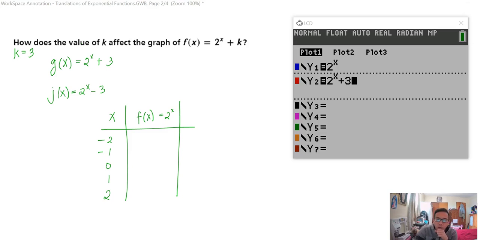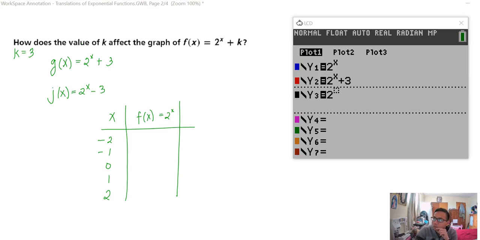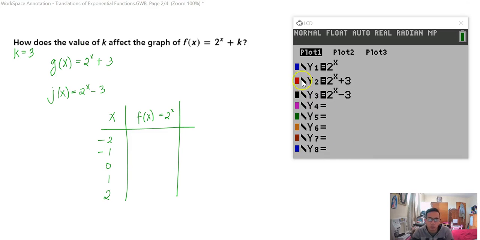And I also have to press enter, and then I'll put 2 raised to x, our mother function, and then I'll go minus 3. Remember the colors, guys. So the blue graph will be our mother function there, and then the red graph will be the plus 3, and then the black graph will be minus 3.